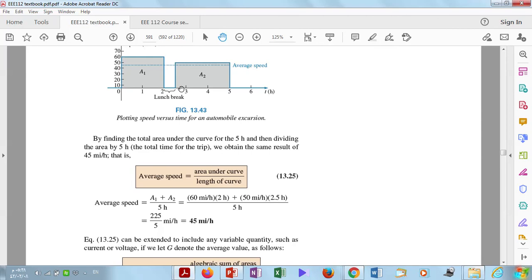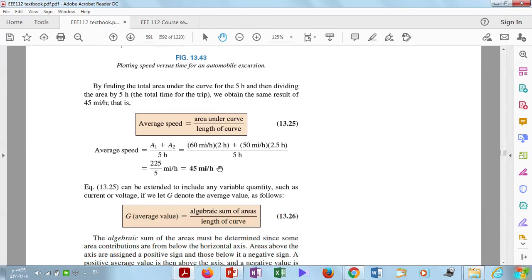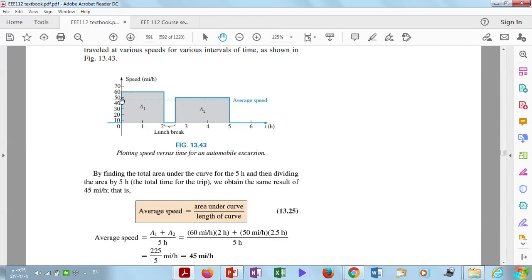But for the remaining 2.5 hours the speed was 50. The answer is 225, divided by the total period, sorry, 5 hours, not 4.5. Don't assume that, because it's 0 we need to include it. The total period is from 0 to 5, 5 hours. The answer is 45. This means the average value was 45.